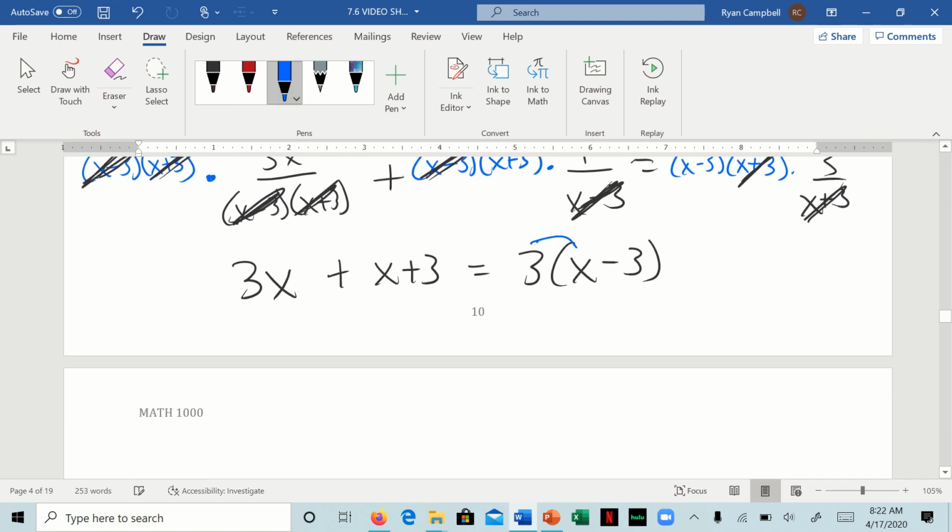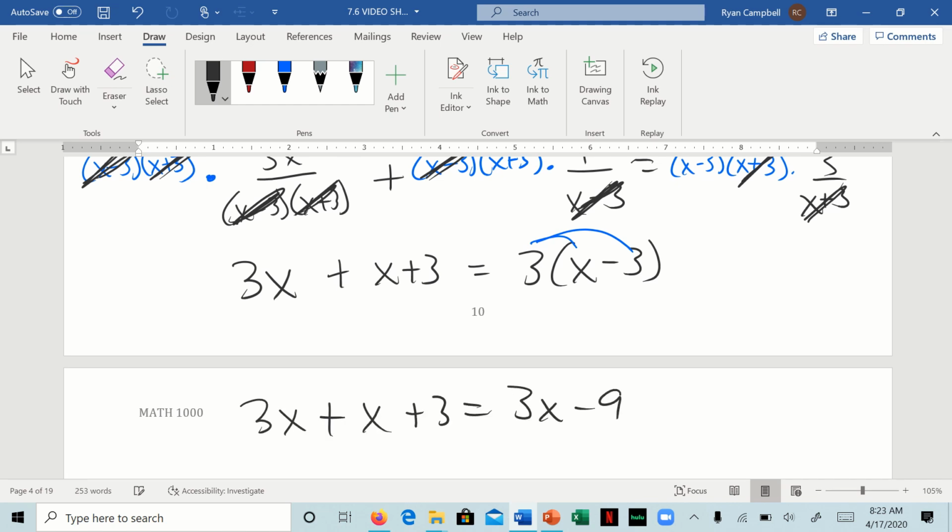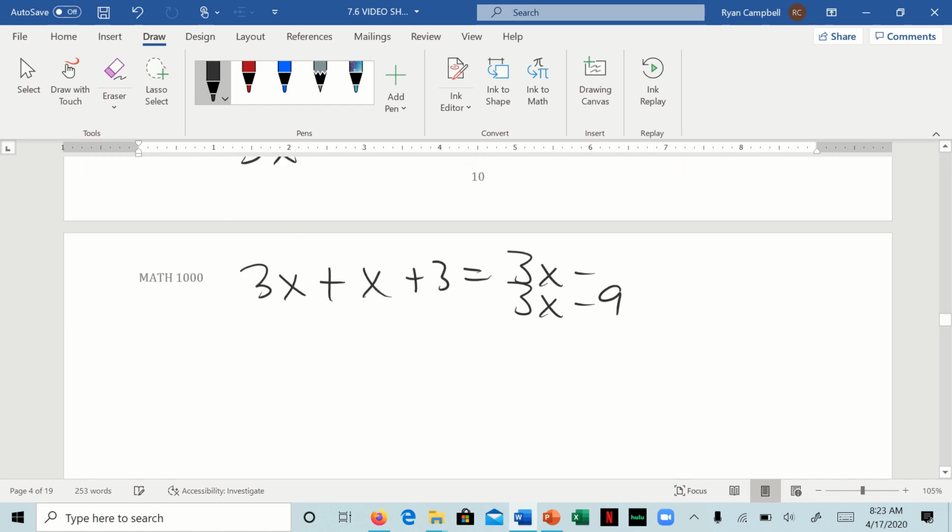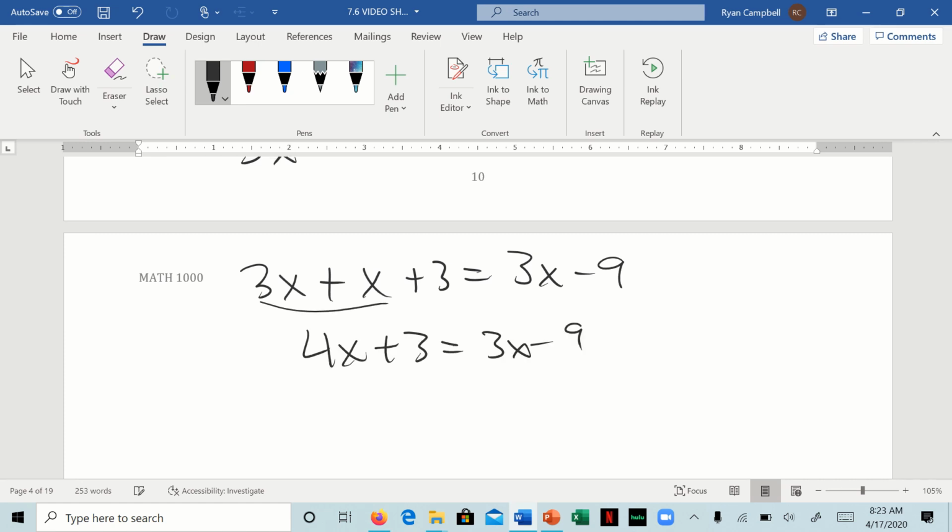All right, we can distribute the 3. So 3x minus 9. x plus x is 4x. So subtract, we get x on one side, on the other side we get negative 12.